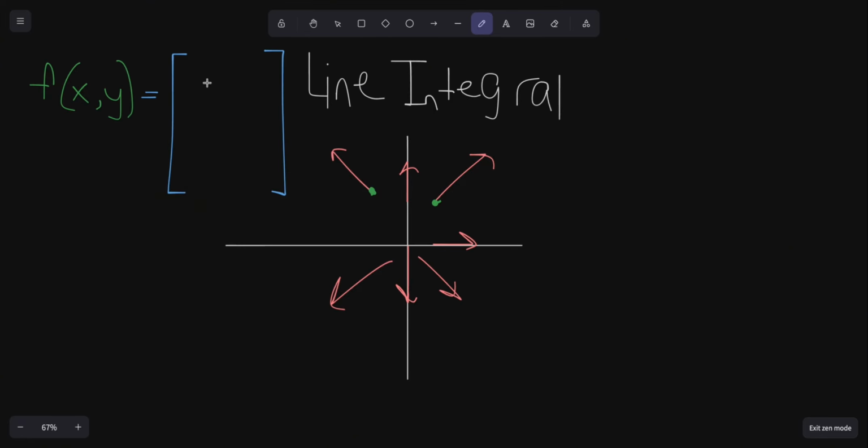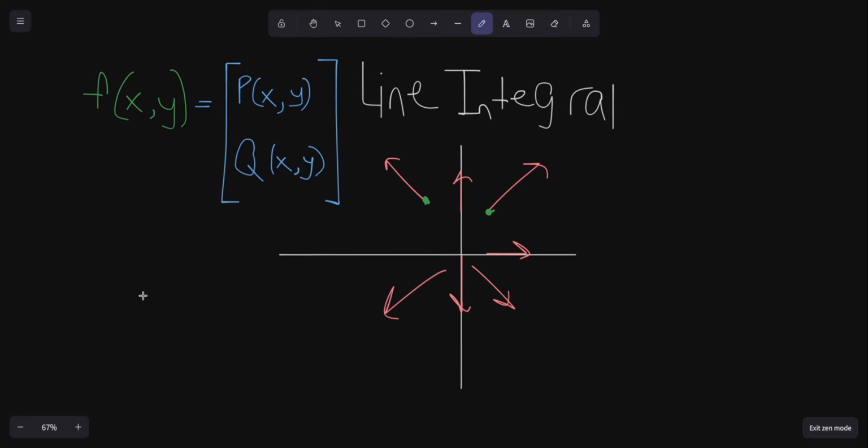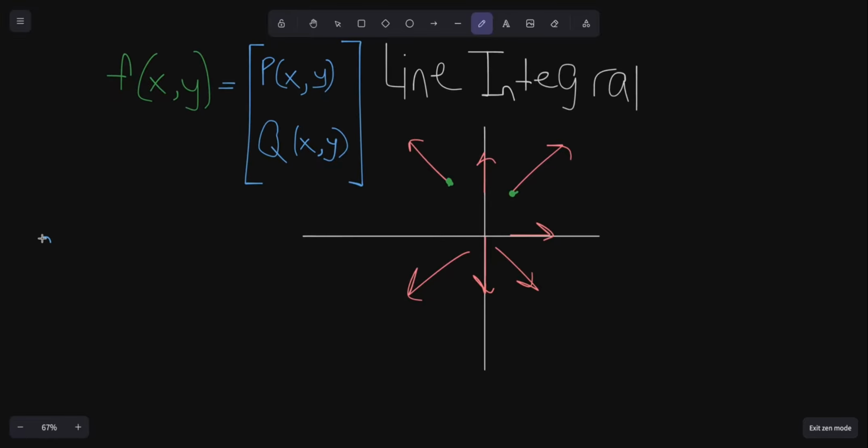So this is going to be some function where the x component of this vector is determined by some function of our inputs, and the y component of this vector is also determined by some function of our inputs. Let me give you an example. Let's say we have f of x, comma y.